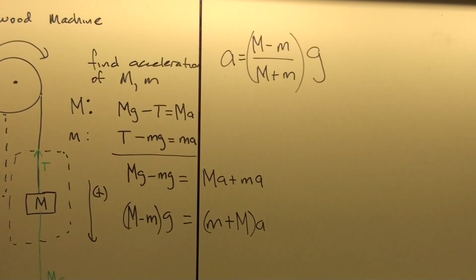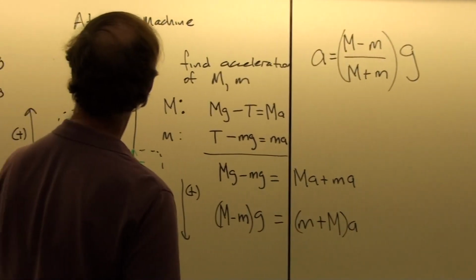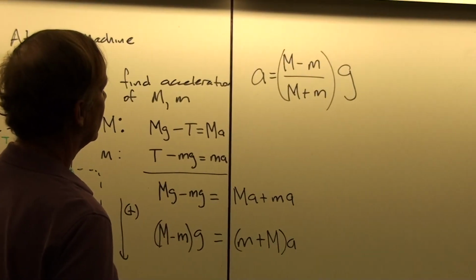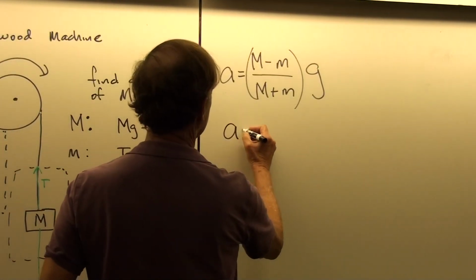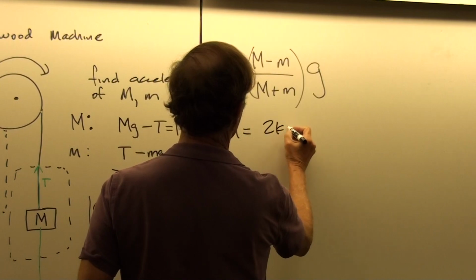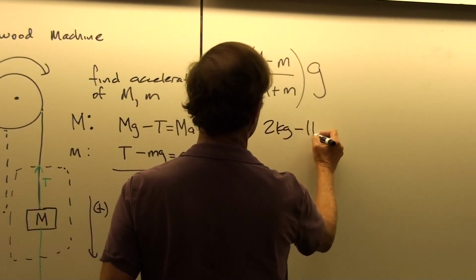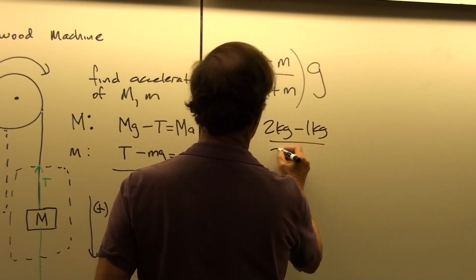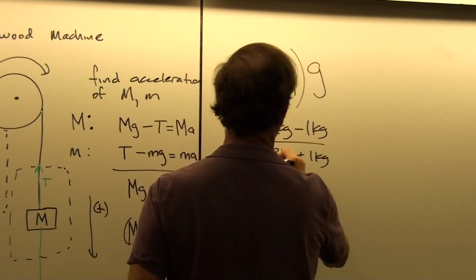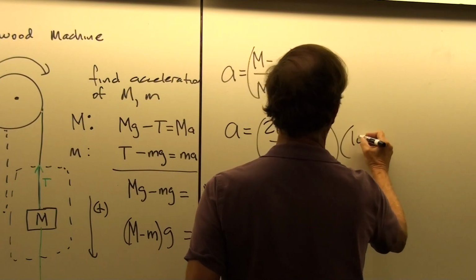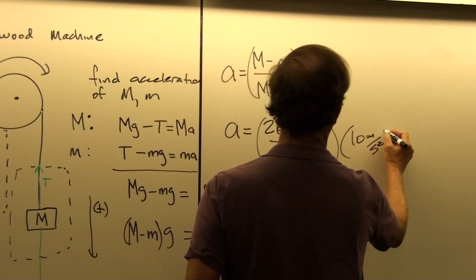Let's see what happens in this example where big M is 2 and little m is 1. Then the acceleration is going to be 2 kilograms minus 1 kilogram divided by 2 kilograms plus 1 kilogram, times 10 meters per second squared.